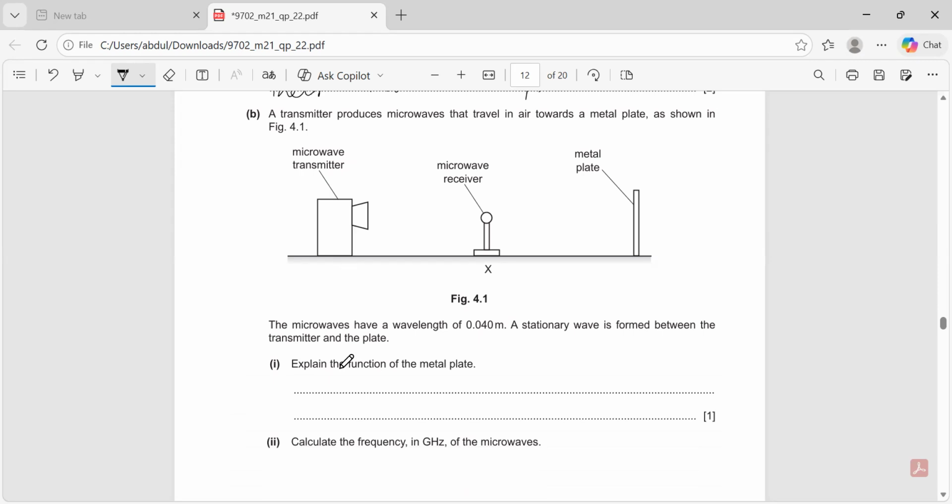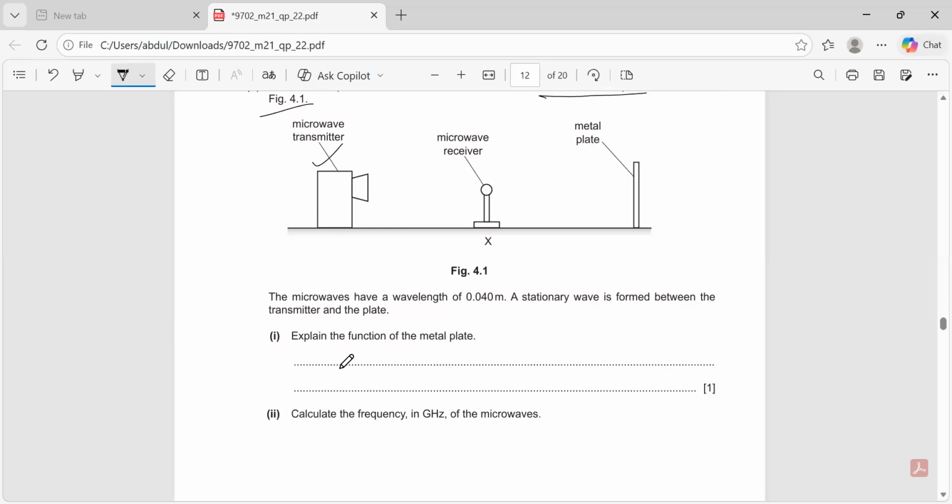Now, a transmitter produces microwaves. Here is the transmitter producing microwaves that travel in air towards the metal plate. The microwaves have the second longest wavelength. The longest wavelength is radio, second longest is microwaves, as shown in figure 4.1.